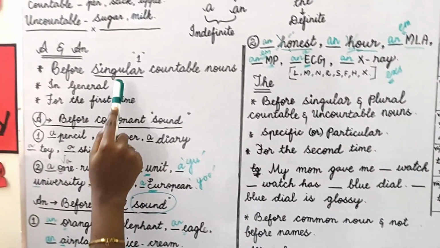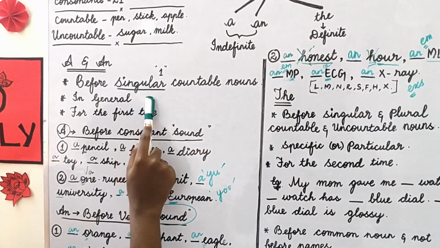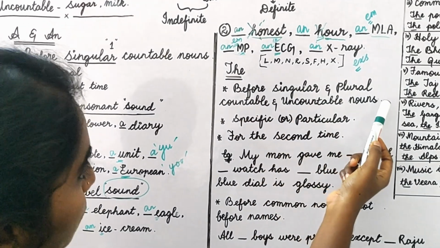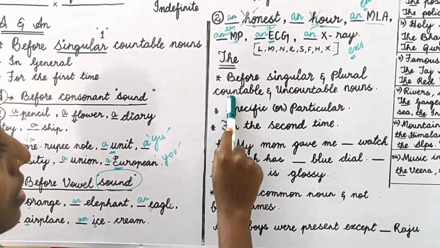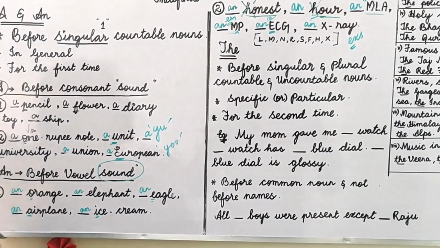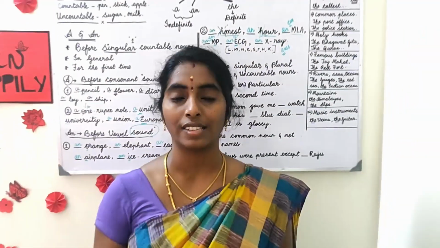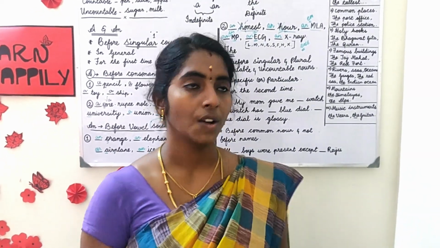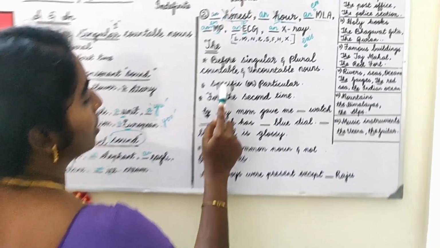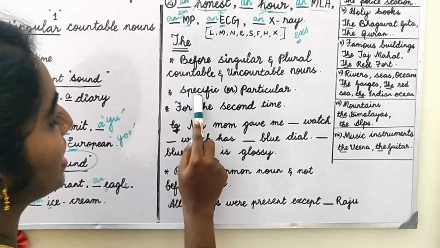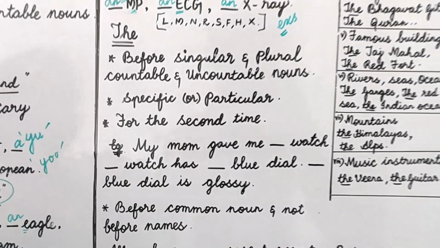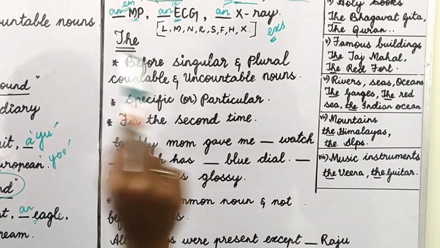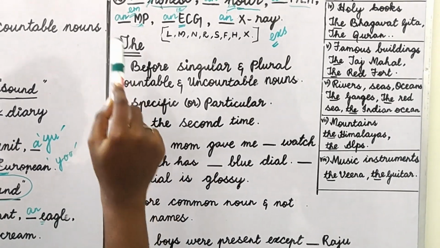See, here we have used a or an with singular countable only, but with the, both singular as well as plural, countable as well as uncountable nouns work. Also, it is used for specific or particular things. When you are mentioning something specifically or particularly, you should use the article the.